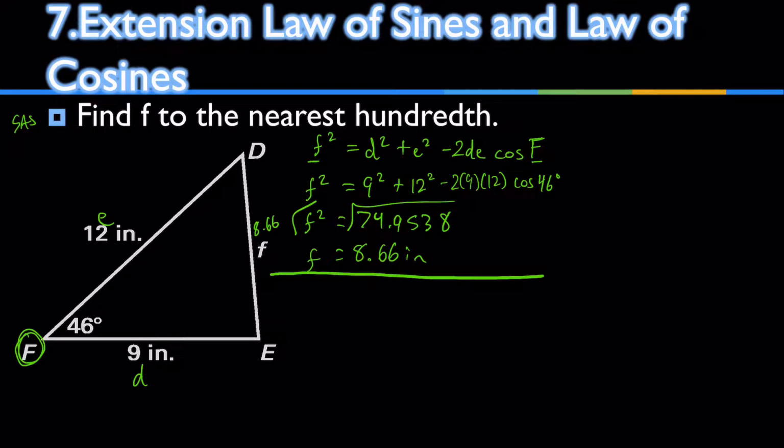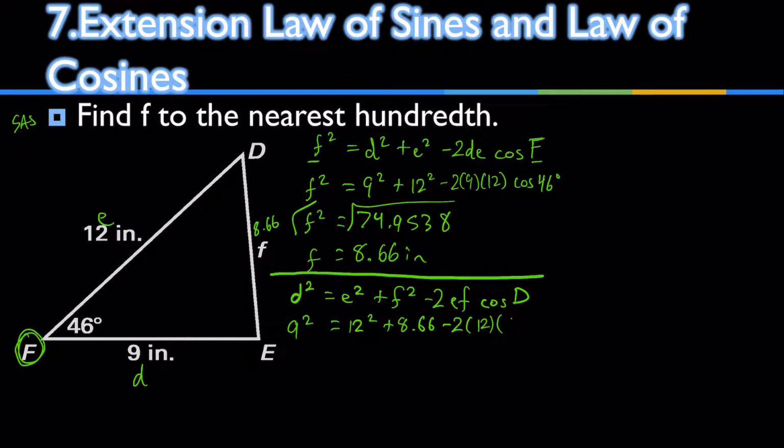So let's find angle D. We're going to start with side d. The other 2 sides, e and f, go in the middle, and angle D is at the end. Side d is 9. Side e is 12. Side f is 8.66.